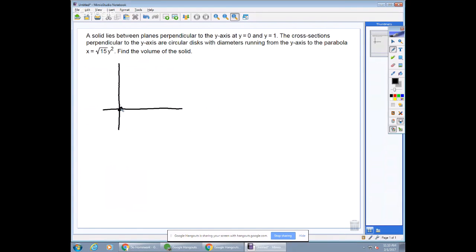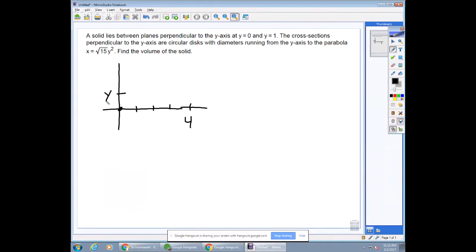And if y equals 1, x is the square root of 15. Square root of 15 is pretty close to 4, right, for x, because the square root of 16 is 4. So there's y equals 1.